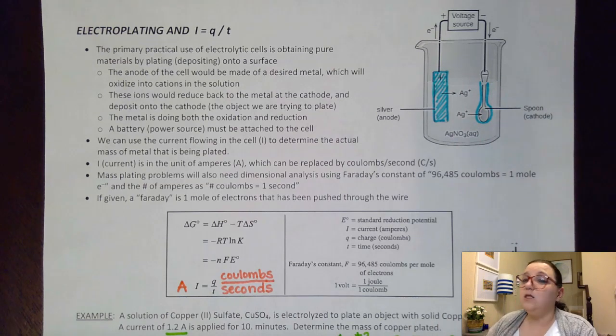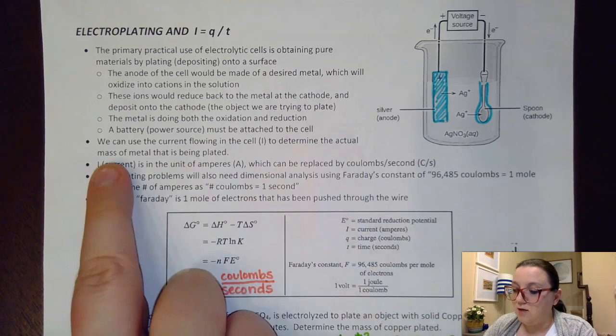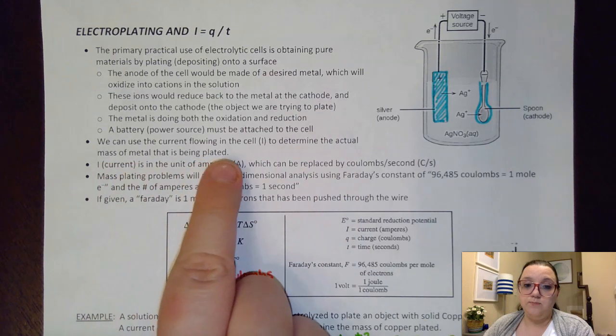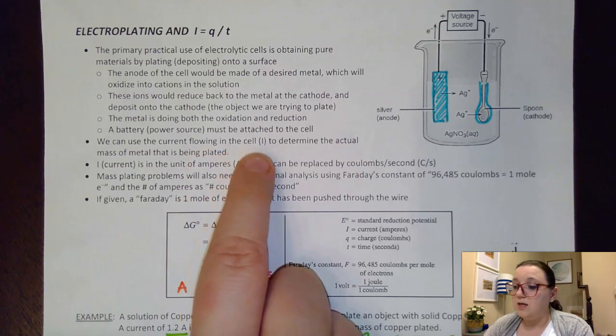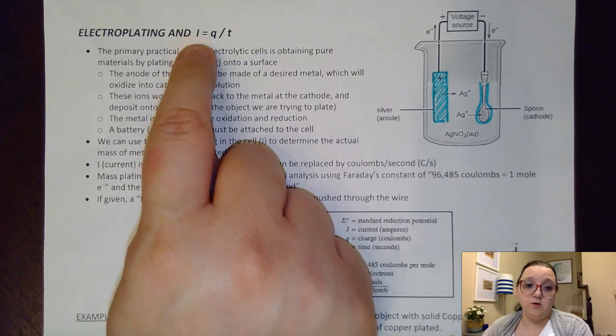Now, obviously, the longer we let this cell run, the more and more of that metal gets plated onto our object. Okay, so again, our goal here is going to be to determine the actual mass of metal that is being plated. And to do that, they are going to give us the current that is flowing in the cell. They're going to give us the I value.